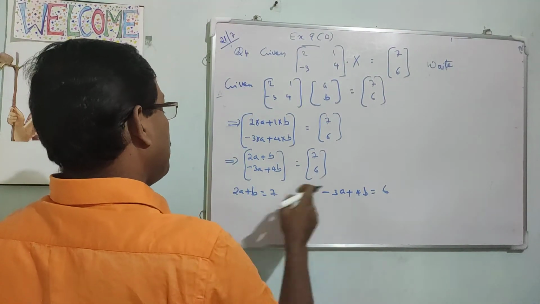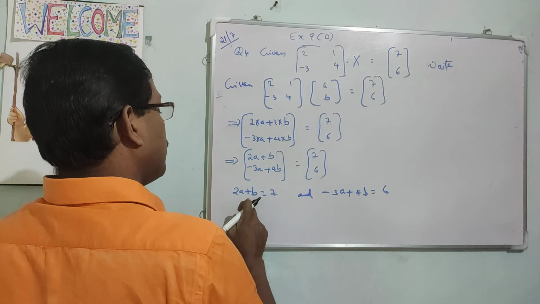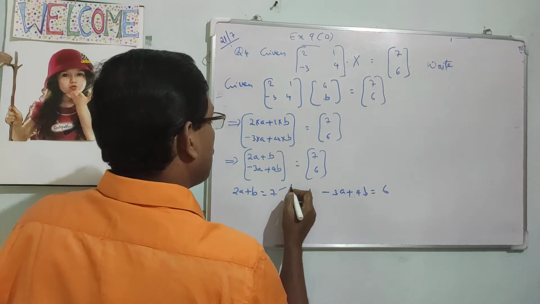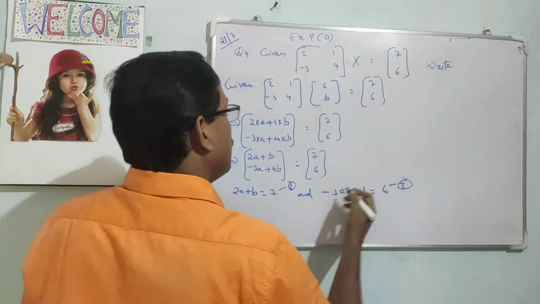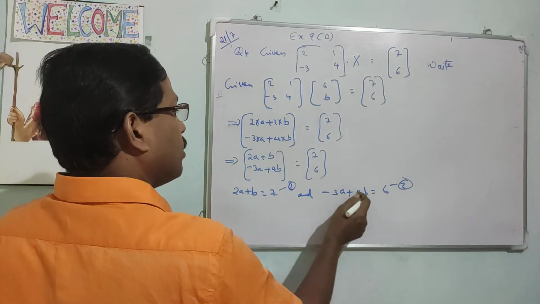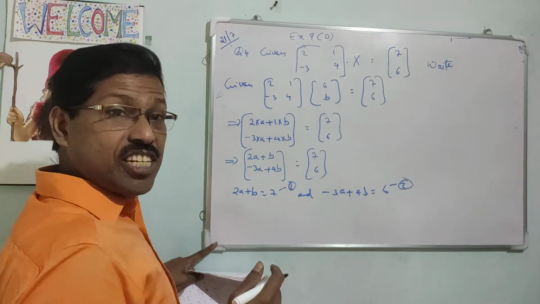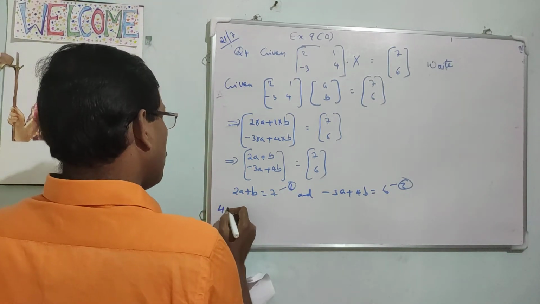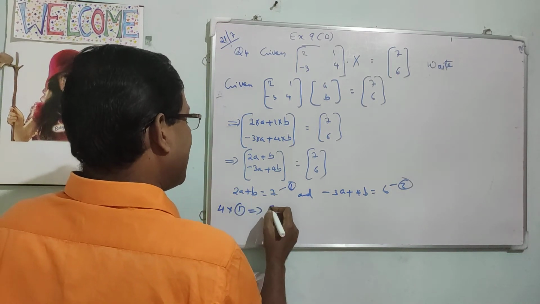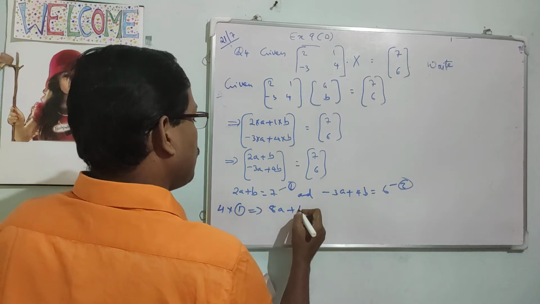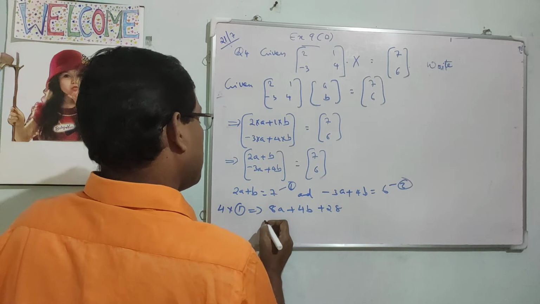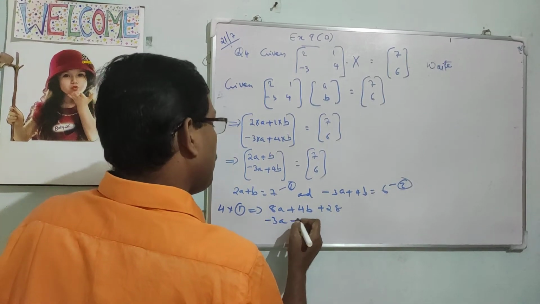If you multiply the first equation by 4, this will become 4B. You don't have to do anything with the second equation. So 4 into equation number 1 implies 4 into 2A, 8A, plus 4 into B, 4B, is equal to 4 into 7, 28. And the second equation I write down: minus 3A plus 4B is equal to 6.